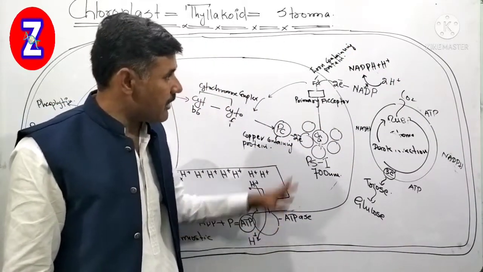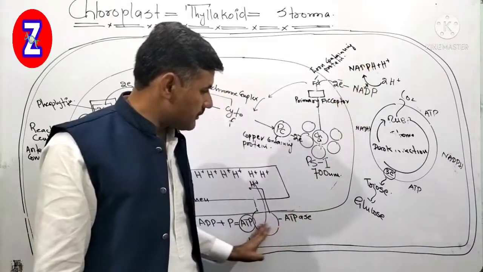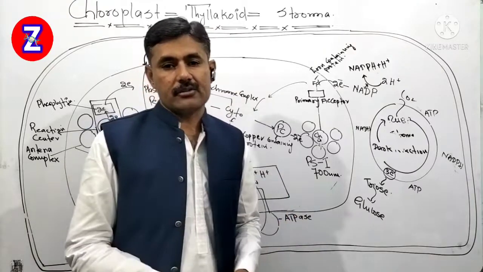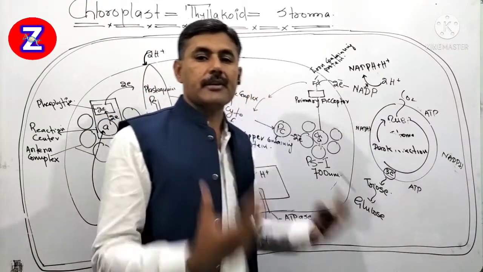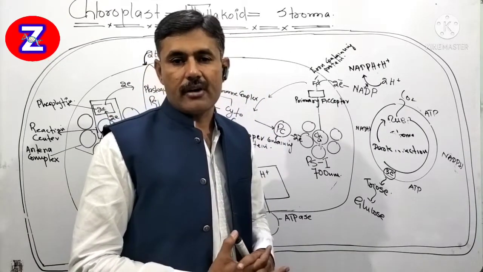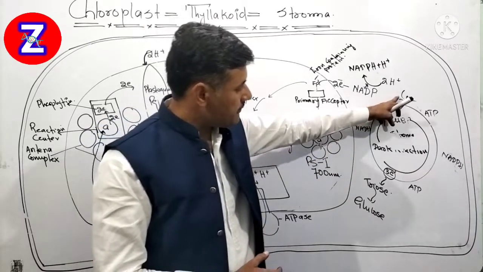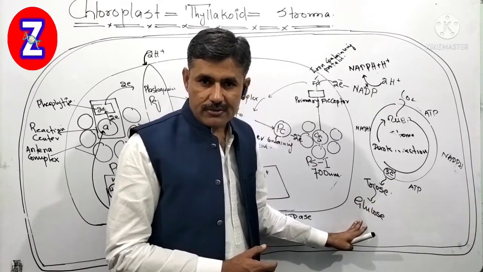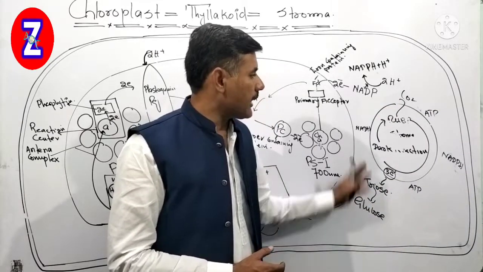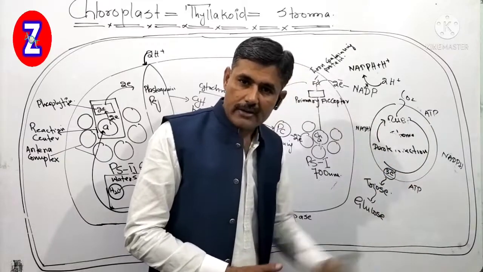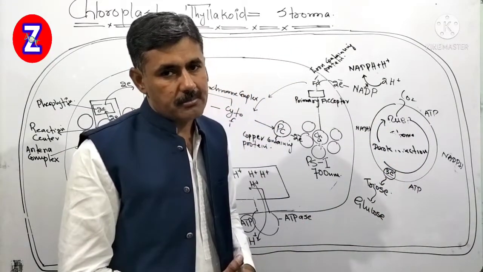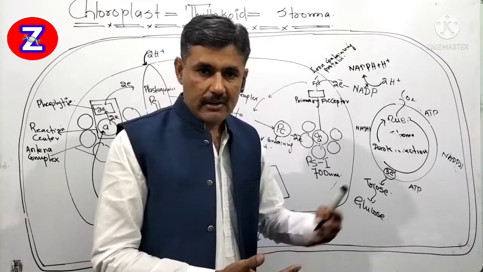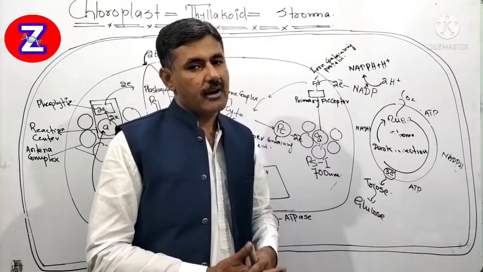In this stroma, when NADPH and ATP are all released here, another reaction will take place, which is said to be the light independent reaction or dark reaction, where carbon dioxide is going to be fixed into a triose to synthesize a glucose molecule, and this process would finally complete photosynthesis, which we are going to study in detail later when I deal with the dark reaction.